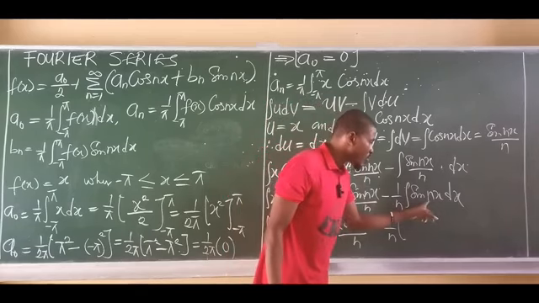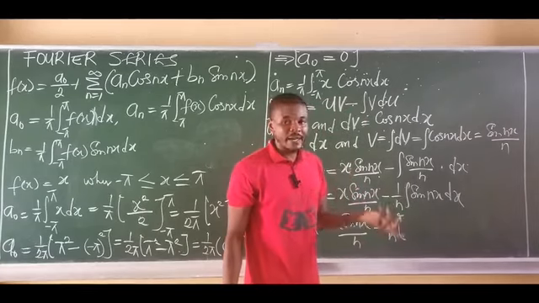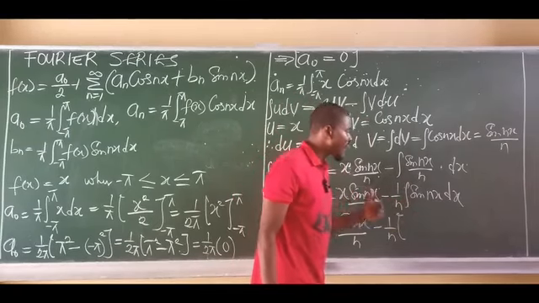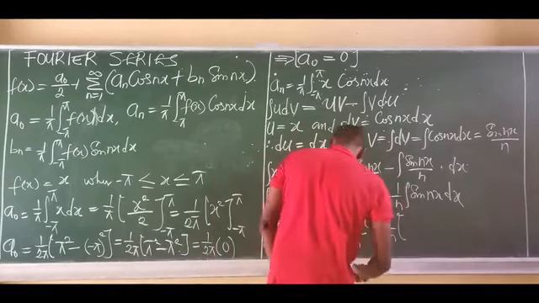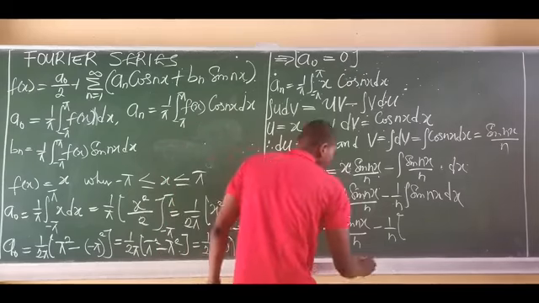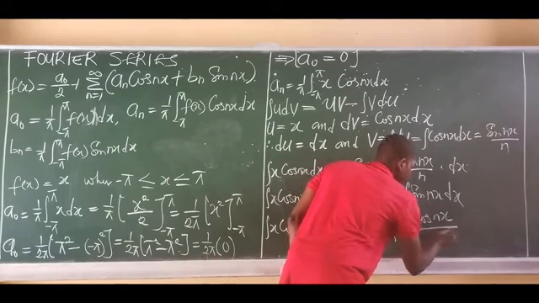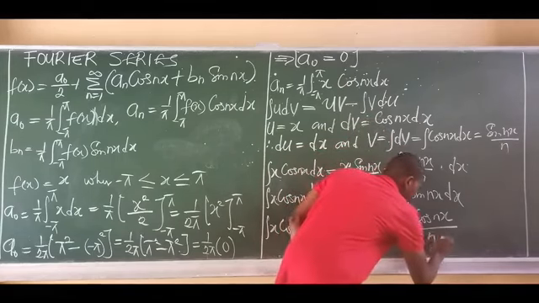If I differentiate the angle nx with respect to x, I'm going to have n. Now, if I integrate sine, I'm going to have minus cos. I'm going to have minus cos nx all over, then append the derivative of the angle, which is n.